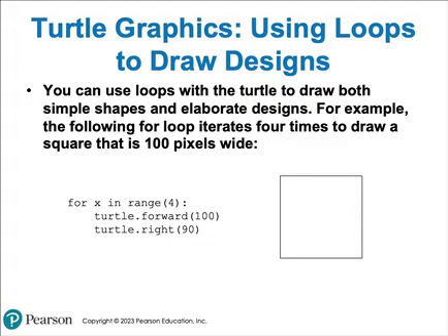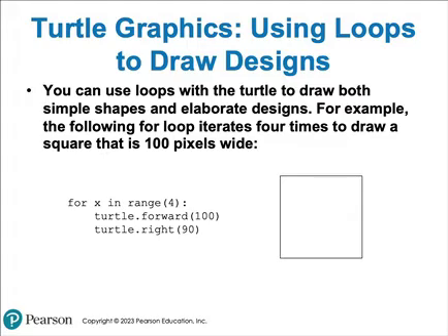Okay, so that's the discussion of looping, and as is often the case, we end the chapter with some turtle graphic stuff related to the current topic. So here they're using a for loop and the range function to draw a square. So basically from the origin they move forward 100, which would be to the right.